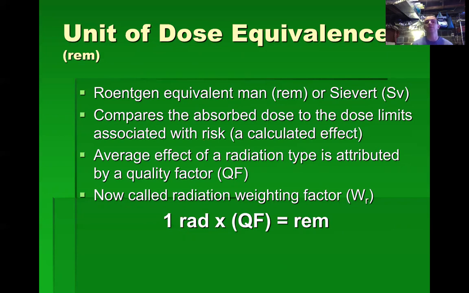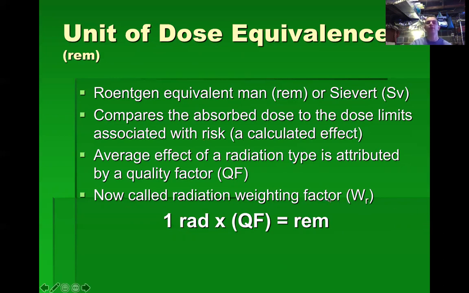So you have to factor in the different types of matter that make up a human. You have to factor in how different types of radiation interact with human tissue. When you talk about the different types of radiation, that's where you get something called a radiation weighting factor. It used to be called a quality factor, but now it is a radiation weighting factor.